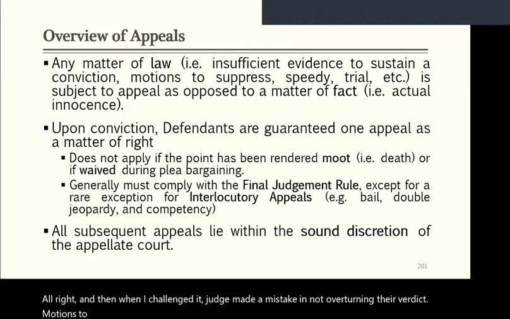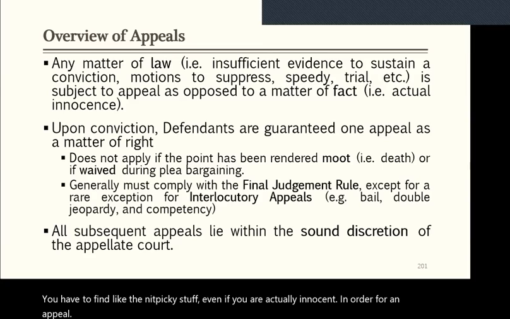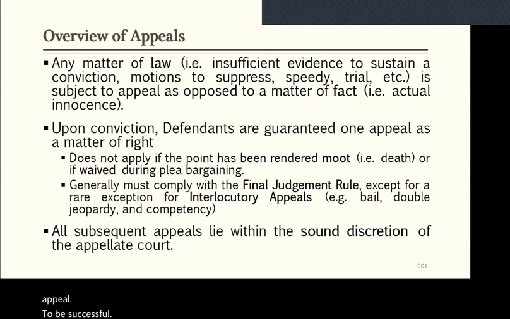I mean, you have to find the nitpicky stuff, even if you are actually innocent, in order for an appeal to be successful. Now, that being said, upon conviction, defendants, no longer really referred to as defendants, they're now convicts, are guaranteed one appeal as a matter of right.